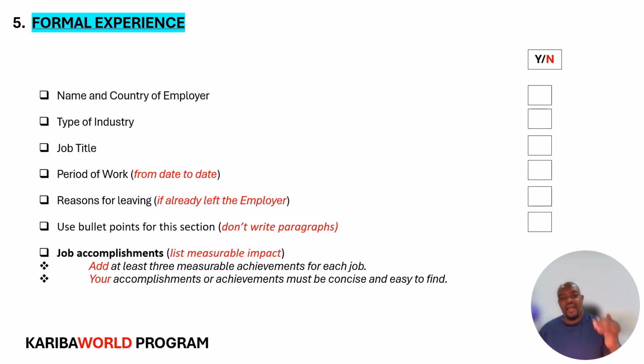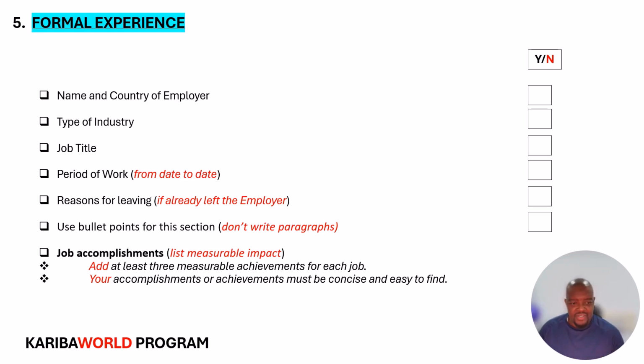If you have worked at other places as well, you need to have them in chronological order. List the name and country of employer, type of industry, job title, from-to date, and reasons for leaving if you have already left the employer. And we advise that you use bullet points for this section. Don't go into paragraphs.